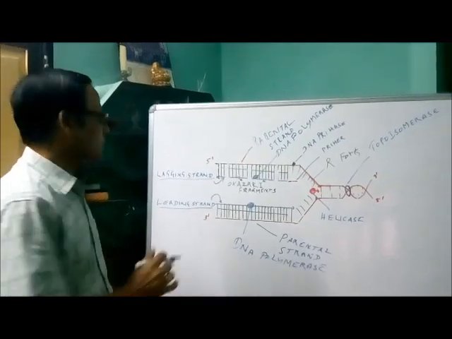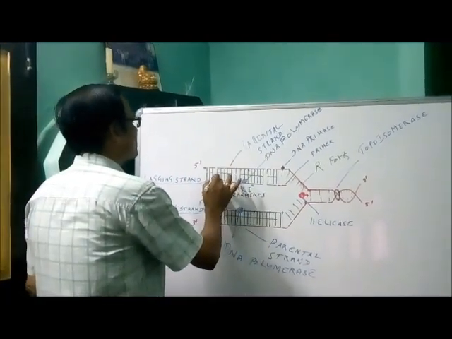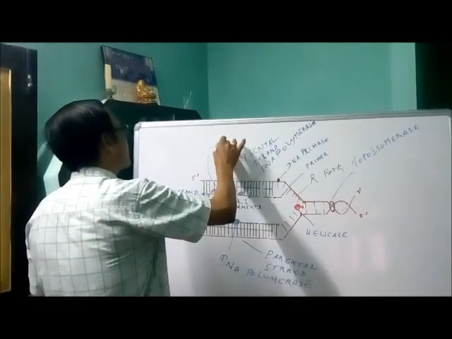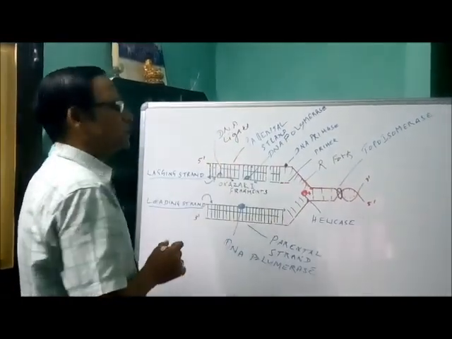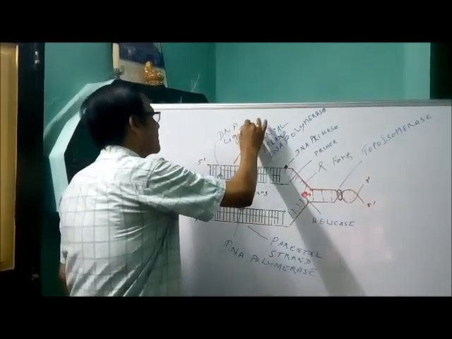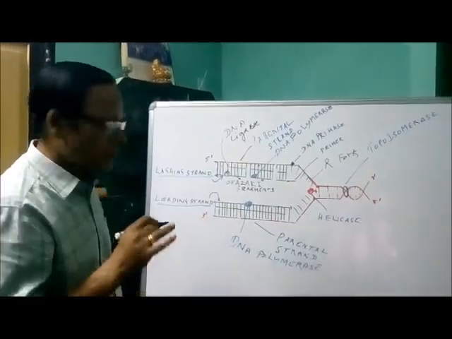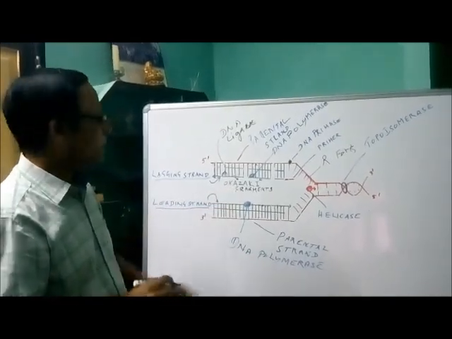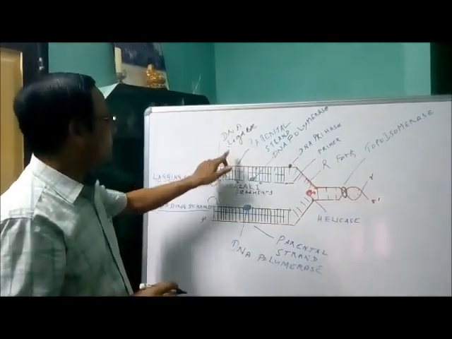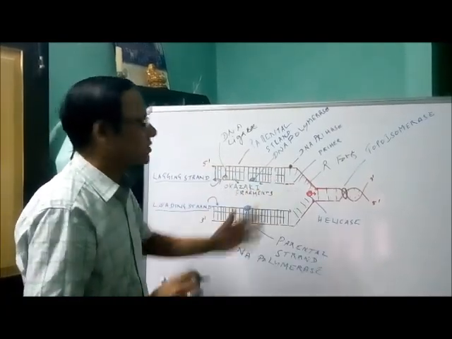At a later stage, these fragments are joined together by means of DNA ligase to form a continuous strand. So, to begin with, the strand is formed discontinuously as broken fragments, called Okazaki fragments. Later, they are joined by the enzyme DNA ligase to form a continuous strand.